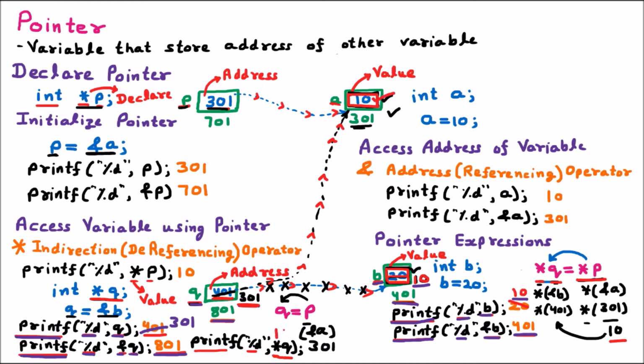So the answer will be 10. That means now the q pointer is pointing to variable a.